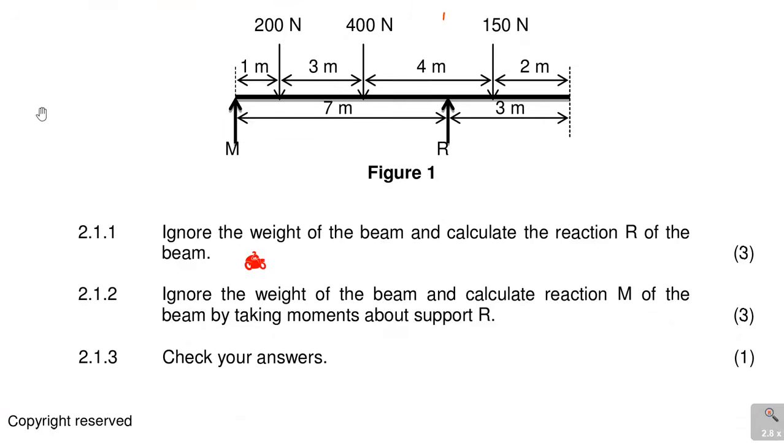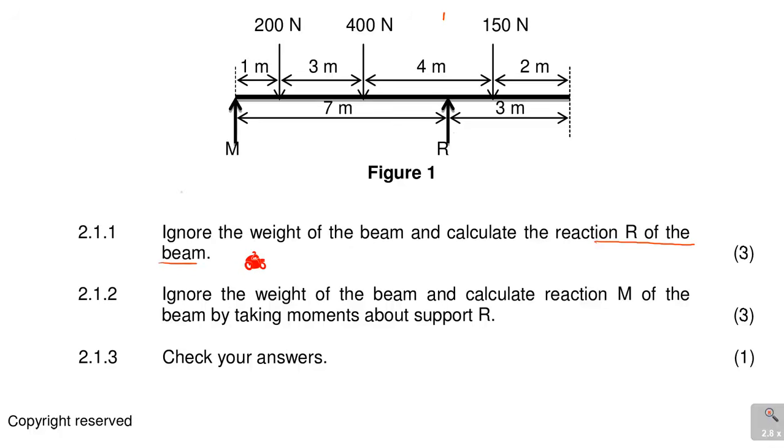Let's look at the questions. It says ignore the weight of the beam and calculate the reaction R of the beam. So they want us to calculate the reaction R from the given measurements.